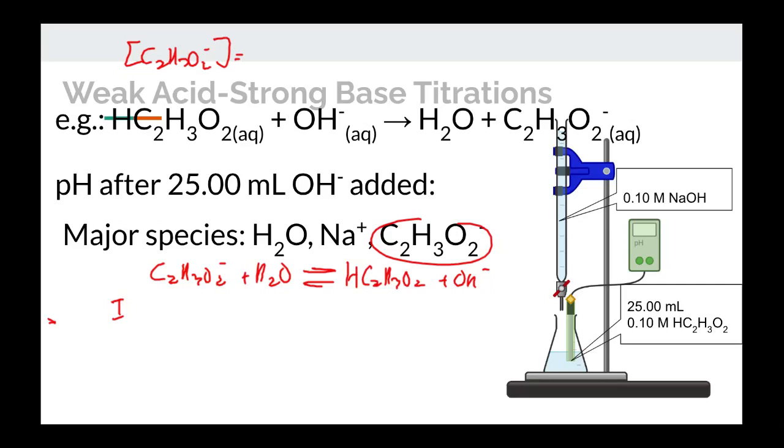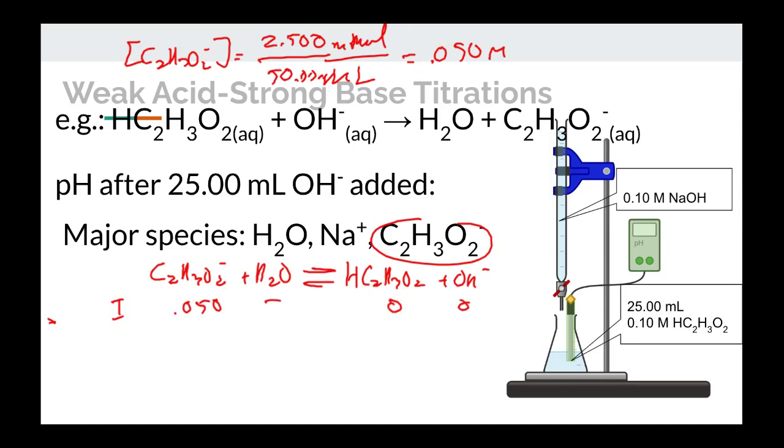Well, we have converted all 2.5 millimoles of acetic acid into acetate ion now, and our volume has increased up to 50 milliliters. So this is millimoles over milliliters, and that's a 0.050 molar concentration. So this is 0.050, don't care about water, none of this.